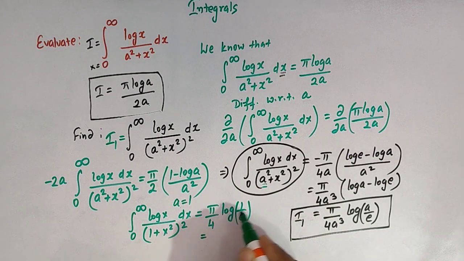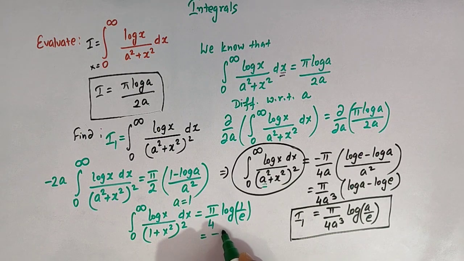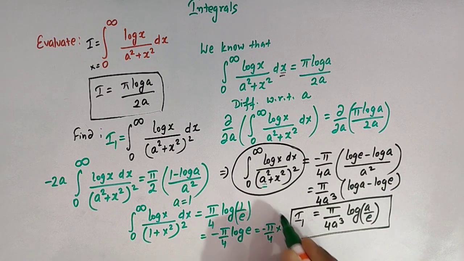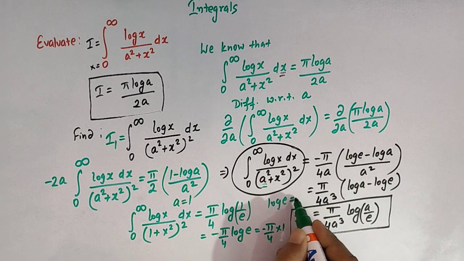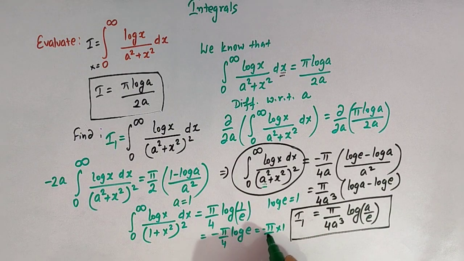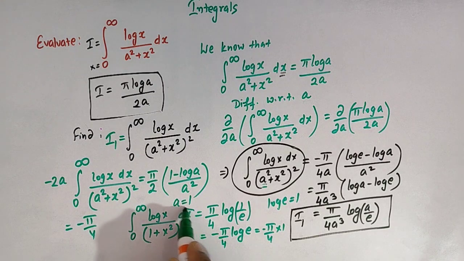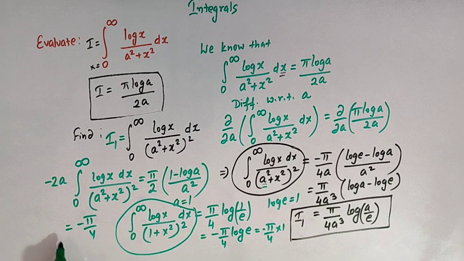So this log of 1 over e can be written as minus pi by 4 log of e, by using the properties of log, and log e is 1, so we have minus pi by 4 times 1. So the value of this integral is equal to minus pi by 4, right?